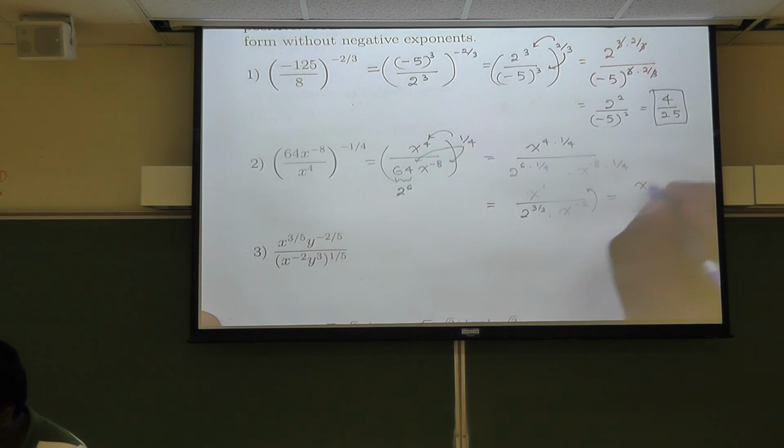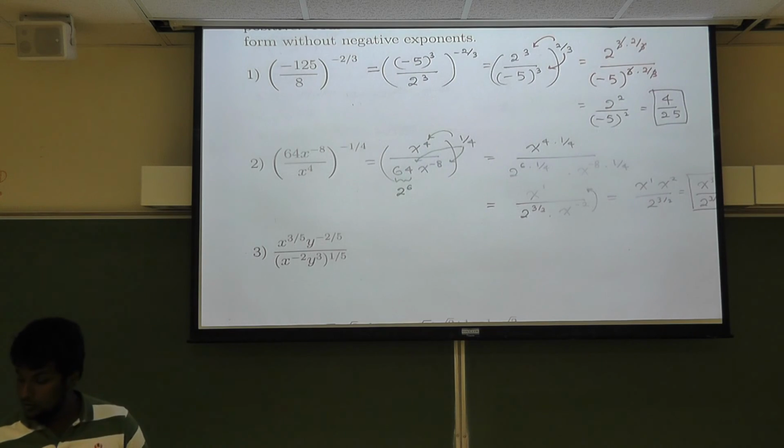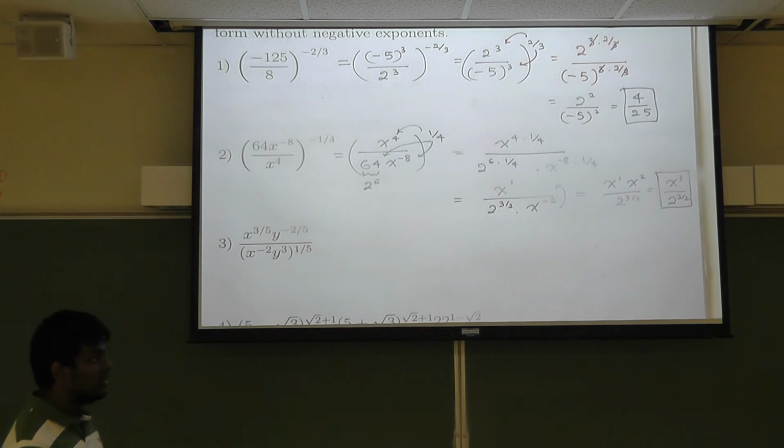That would be x to the 1, x to the 2, over 2 to the 3 over 2, so x to the 3 over 2 to the 3 over 2. Now, in this case, I did not ask you to rationalize the denominator or anything. So x to the 3 over 2 to the 3 over 2 would be there. That would be the final answer.